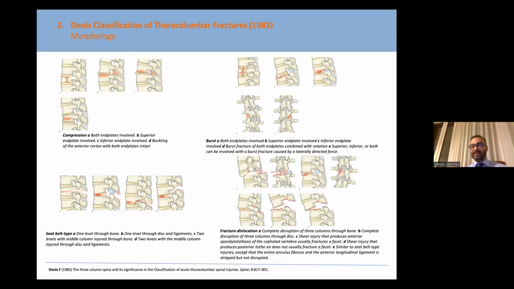We have the transligamentous, transosseous fractures, and so on and so forth. I don't want to get too much into this. And then we have the fracture dislocations, where you have a misalignment of the sagittal or coronal planes, and complete disruption of the osteoligamentous complex of the spine.